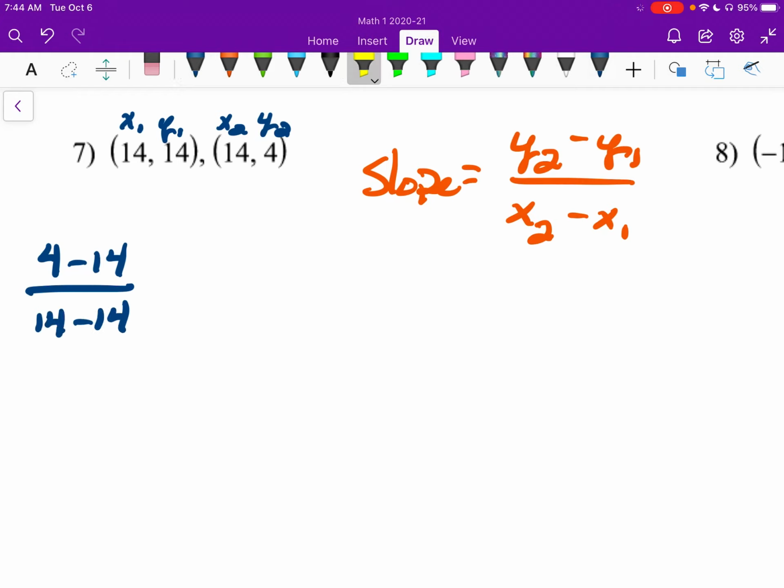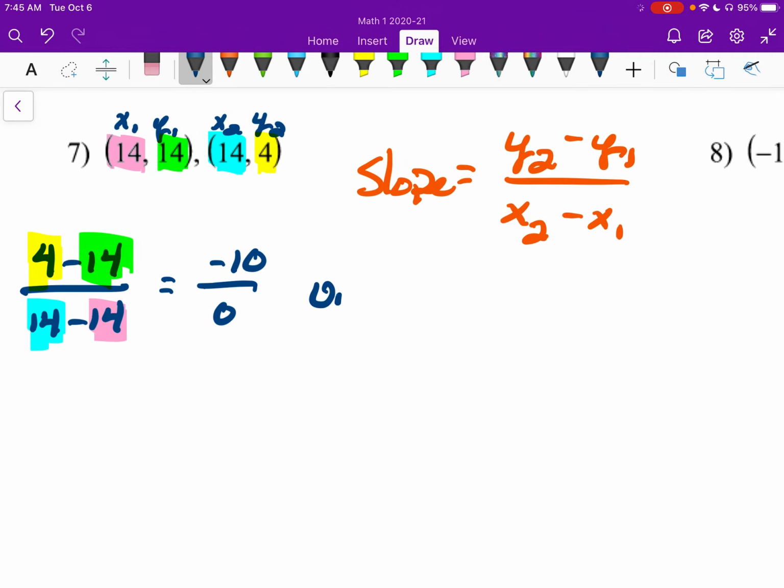All right, so let's highlight where I grabbed these from. That 4 came from there. This 14 came from there. This 14 came from there. And this one came from there. There were so many 14s, I wanted to highlight that so that we could see where they came from. All right, so the numerator is 4 minus 14, which is negative 10, and 14 minus 14 is 0. So this again is undefined.